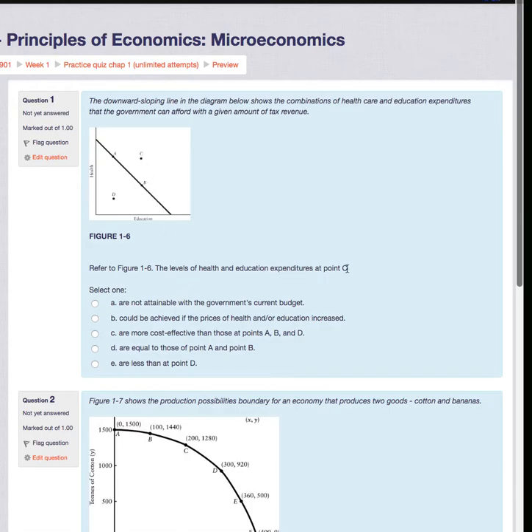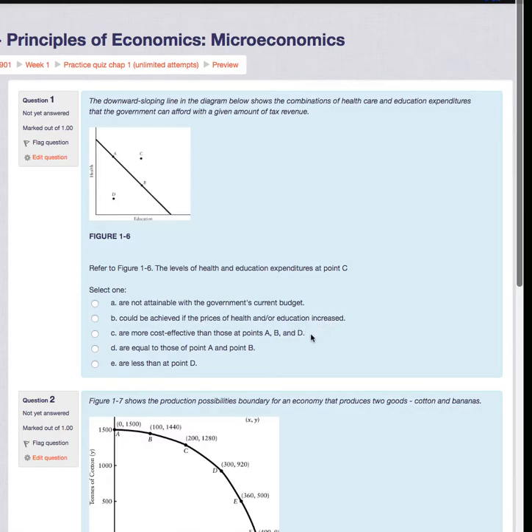So the levels of health and education expenditures at point C, I'm looking for an answer that talks about being infeasible or not attainable with the government's current budget. Could be achieved if the prices of health or education increase, this one sounds right.